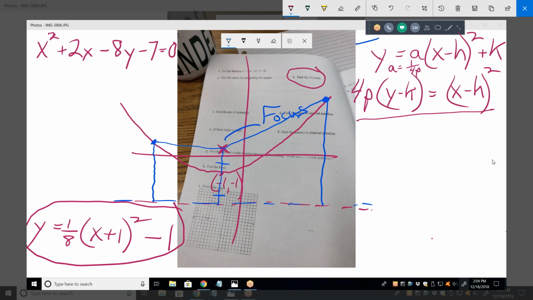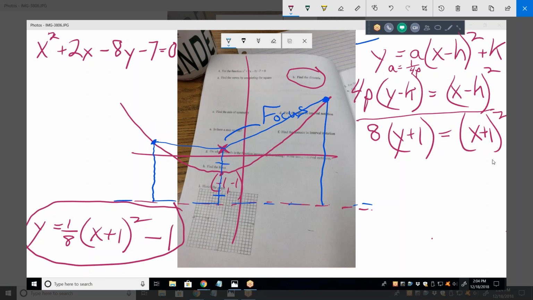I'm going to add 1. Like that. I'm going to multiply both sides by 8 now. And what that leaves on the right is x plus 1 squared. So that is my standard format.